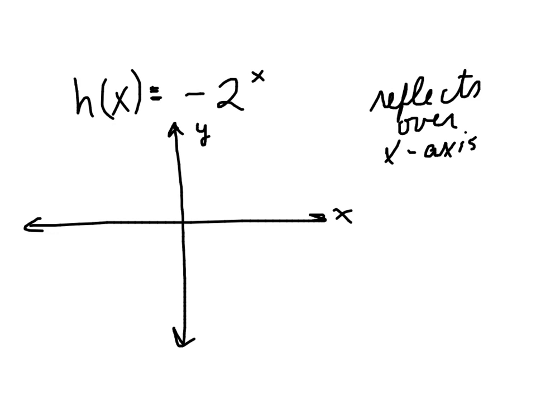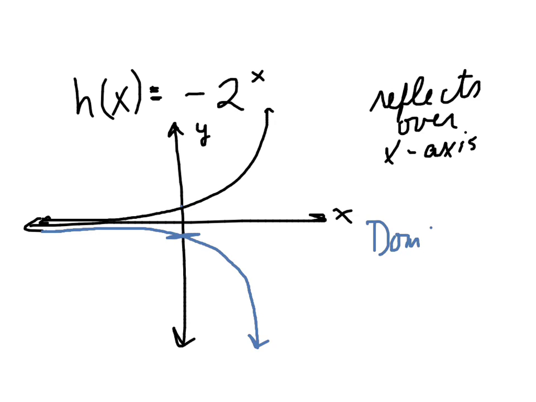I'll just draw the parent, which would be something like that. Now, if I reflect it over the x-axis, it's still going to ride here, but it's going to ride on the bottom and then go down. So instead of crossing at 0, 1, this time it's going to cross at 0, negative 1, because again, it got reflected over the x-axis.